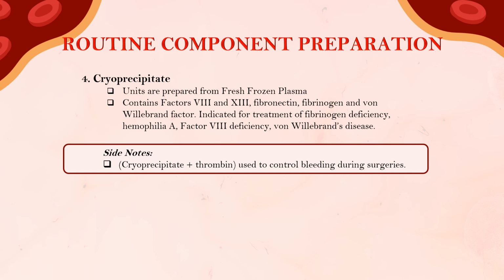This unit is used for the treatment of fibrinogen deficiencies, also hemophilia A, factor 8 deficiency, and your most famous von Willebrand's disease. Your cryoprecipitate, when combined with thrombin, will actually result in the formation of fibrin glue, which is used to control bleeding during your surgical operations.